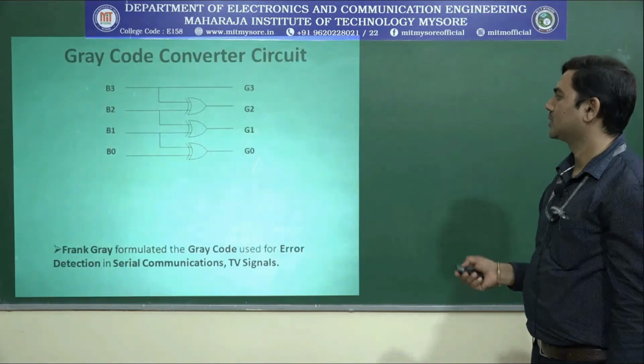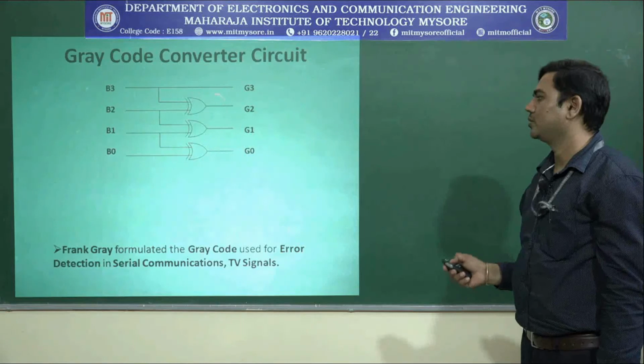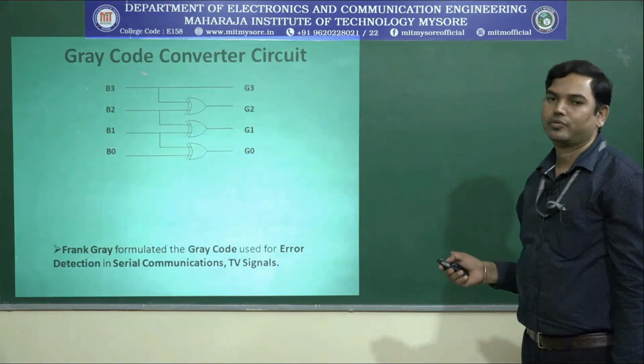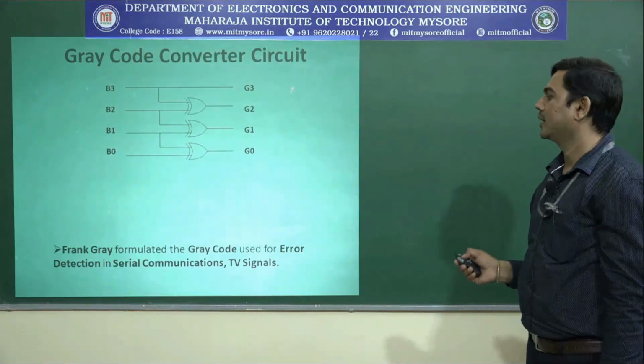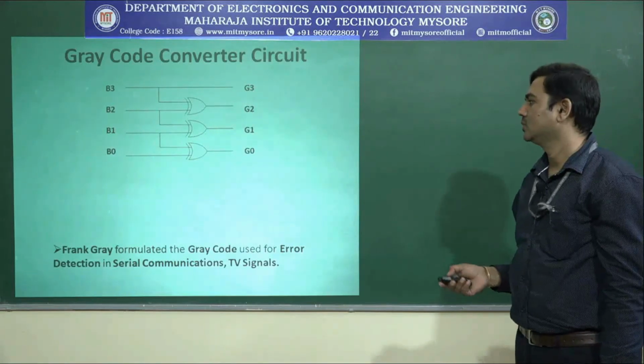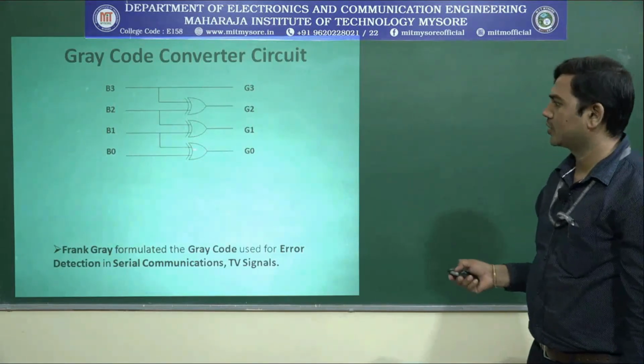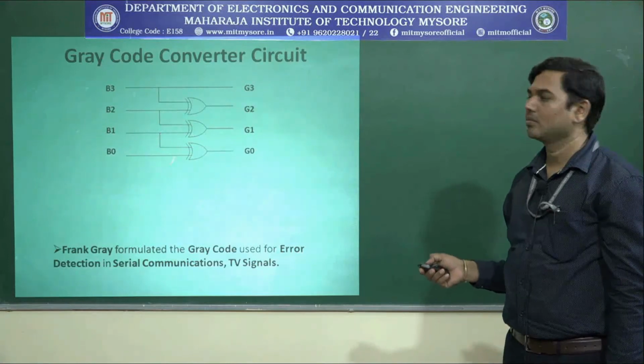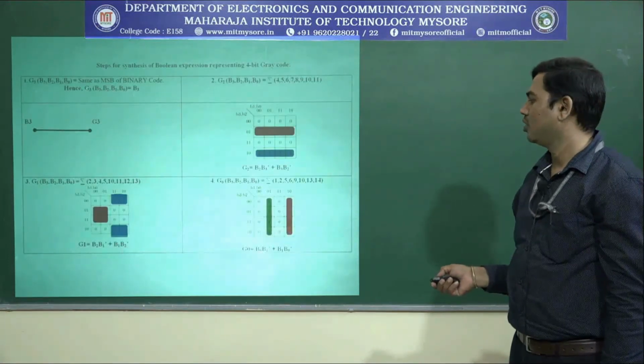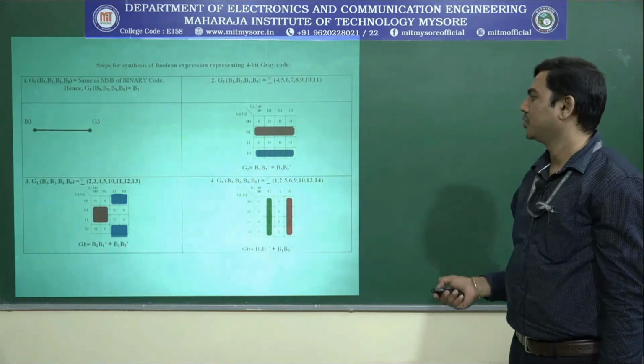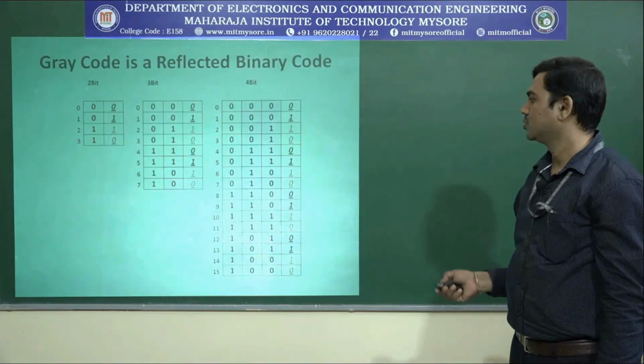So, we can represent this circuit for a 4-bit binary to gray code converter. Now you have the logic circuit for a gray code. We have the logic expression. We also have a truth table.